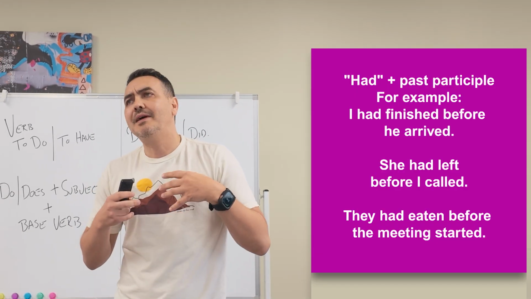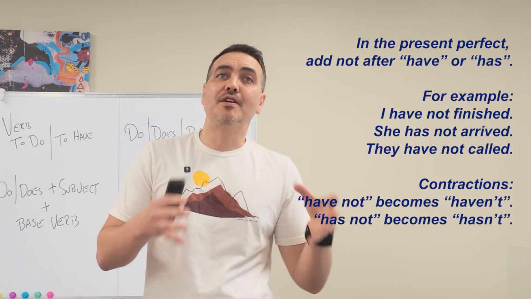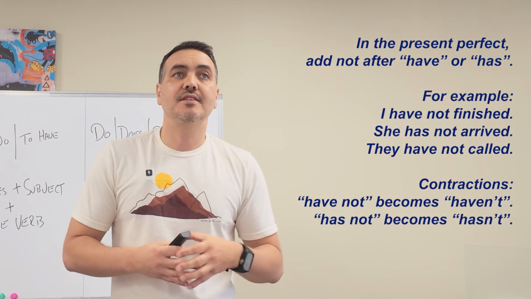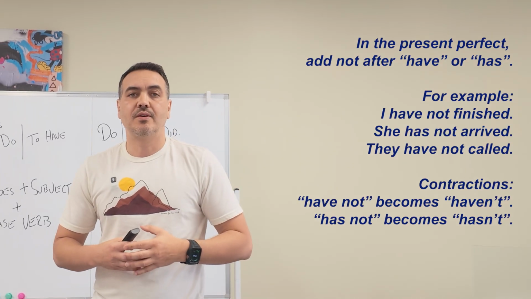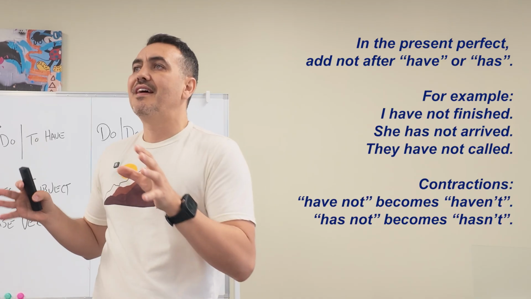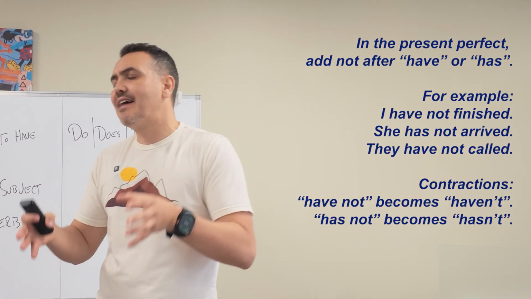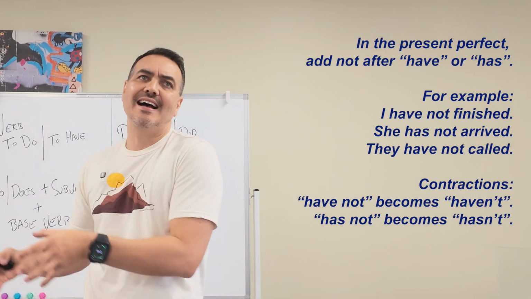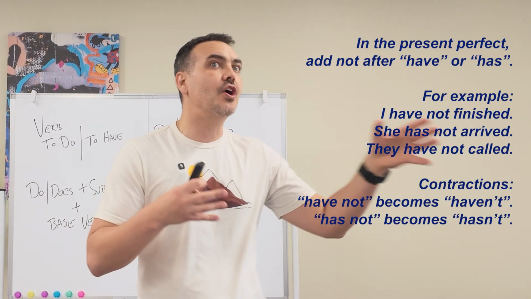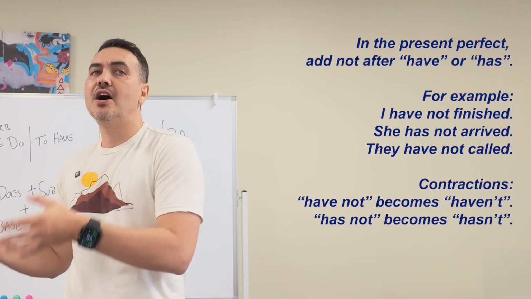Okay, so now let's make negative sentences with have, okay? In the present perfect, add not after the have or has. For example, I have not finished. She has not arrived.